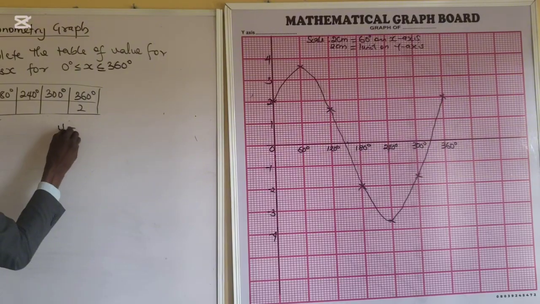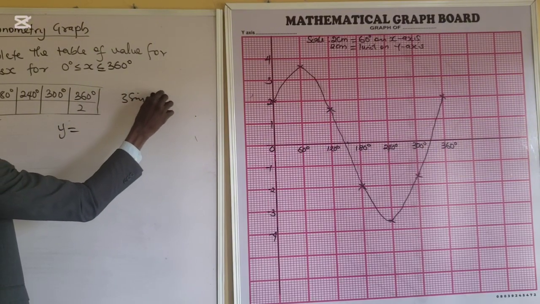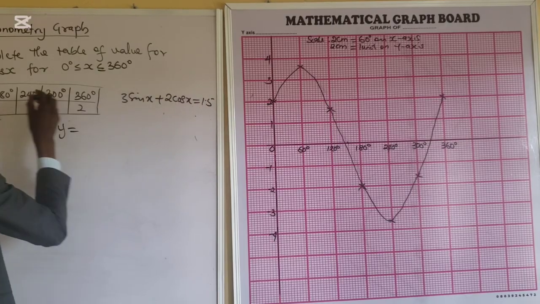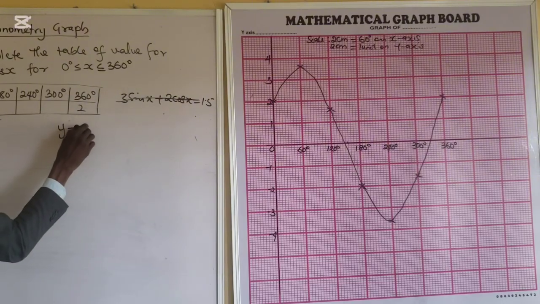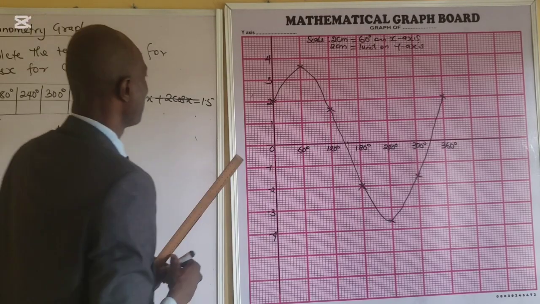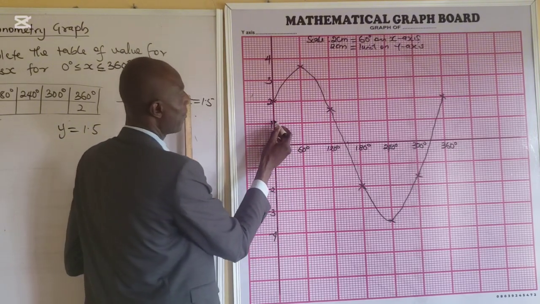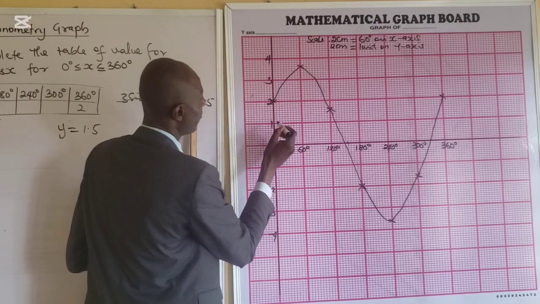When you say 3 sine x plus 2 cos x is equal to 1.5, you compare it to the original equation, this one will die off, y is now 1.5. So you now go to where 1.5 is on the graph. We are taking 1.5 on the y-axis. 1.1, 1.2, 1.3, 1.4, 1.5.